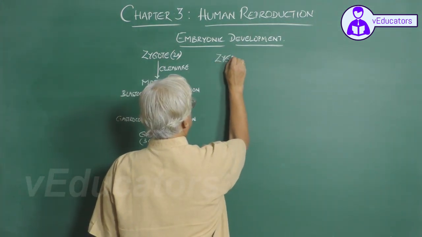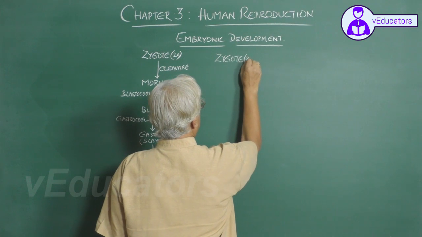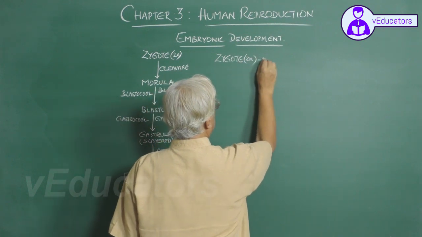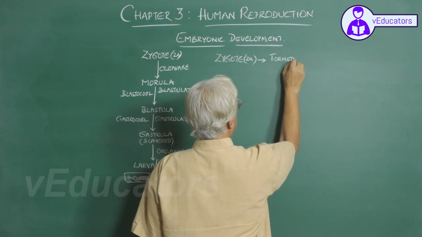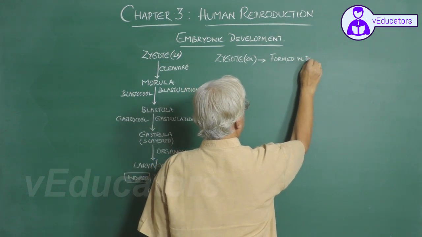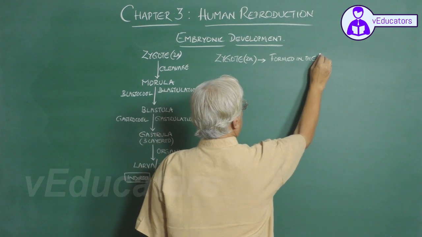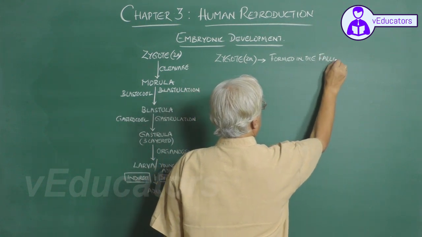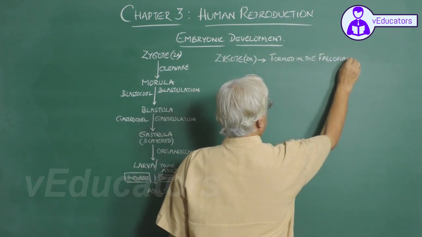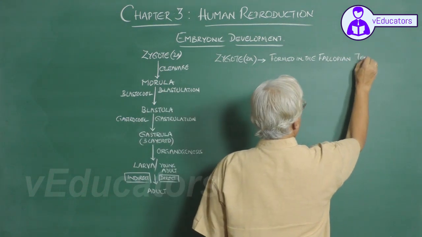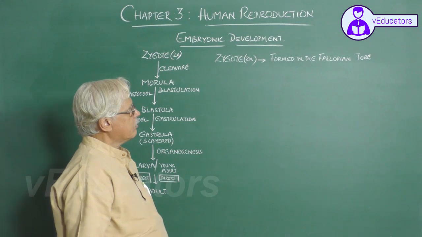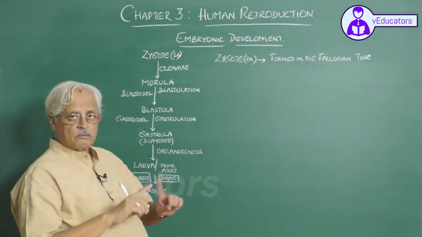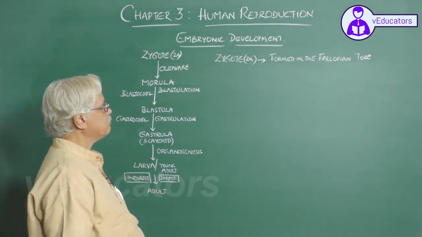The zygote, we have seen, is formed in the fallopian tube. Zygote is formed in the fallopian tube due to the fusion of the sperm and the ovum.